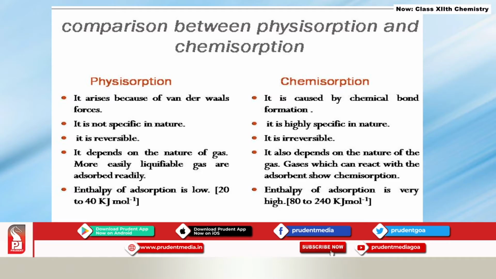In case of chemical adsorption, the forces of interaction between the adsorbent and the adsorbate molecules are chemical bonds, and preferentially they are covalent bonds. Chemical adsorption is also called as chemisorption, and physical adsorption is also called as physisorption.